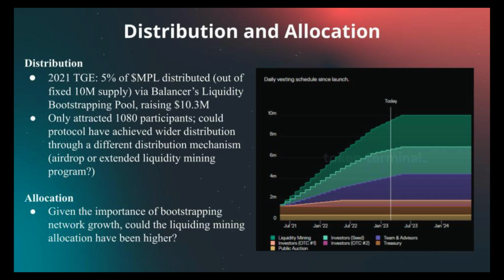And so they only allocate about 30% to liquidity mining. I think a lot of other protocols these days distribute more.